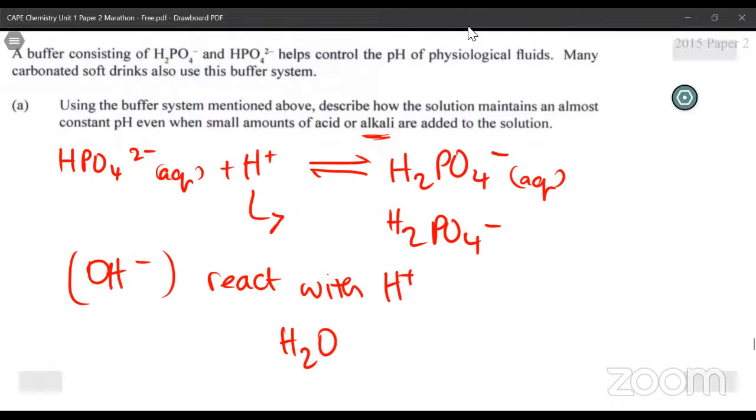This removes H plus ions from the solution. To combat this, the system will restore the H plus ions that were lost by having H2PO4 minus dissociate into HPO4 2 minus and H plus ions.